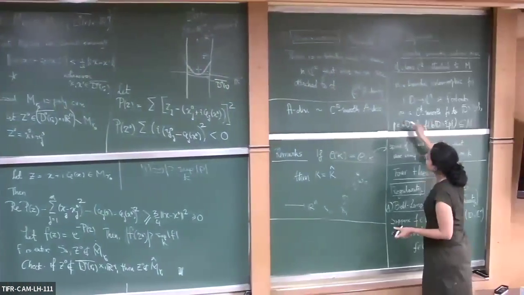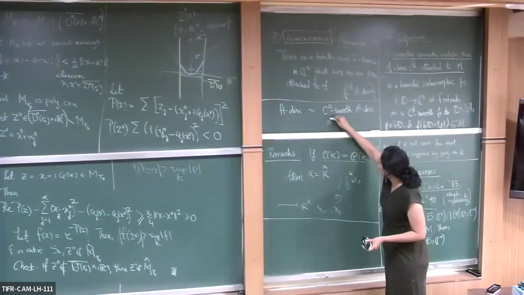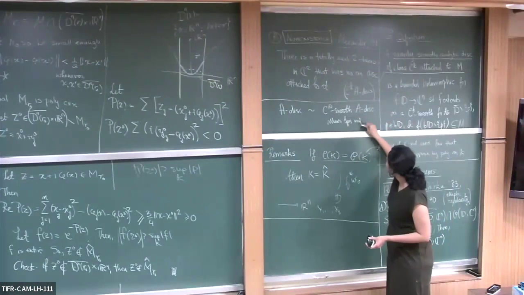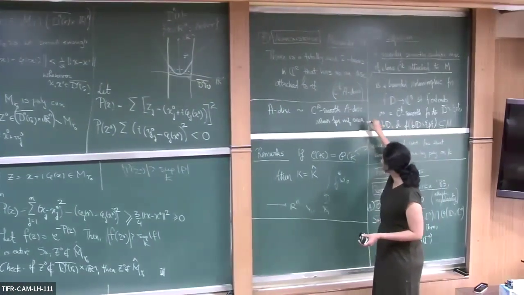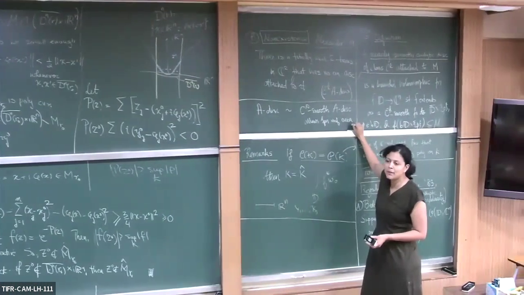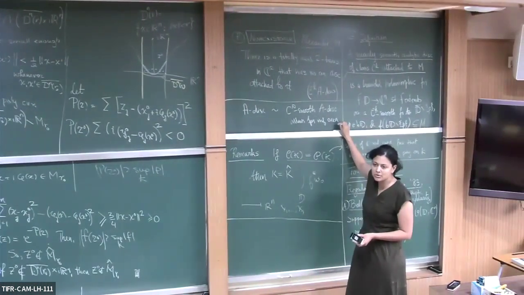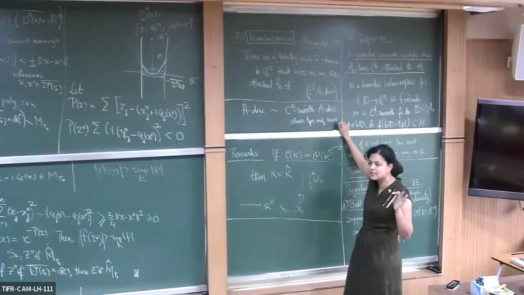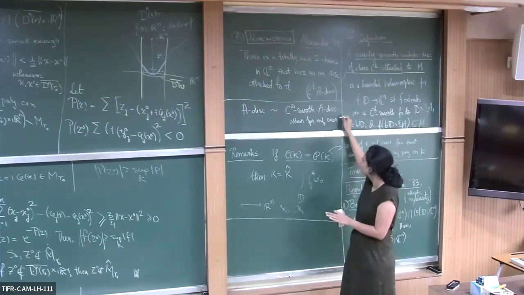Now the key thing is that this allows for infinite area, which is where Gromov's proof will break down for totally real manifolds, because Gromov's proof relies on the fact that these discs continue to have finite area.